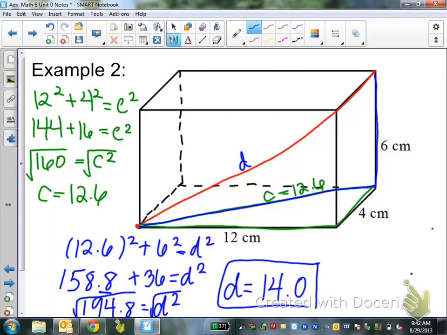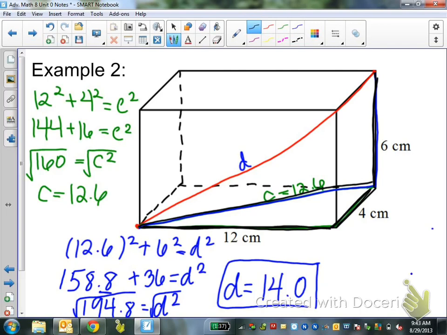And so that means we took 12 squared plus 4 squared, and that gave us this answer, right? But then we took this answer and added what? The 6. So really, what are we doing here? We're taking 12 squared plus 4 squared, which gave us that, right? So 12 squared plus 4 squared was equal to this squared, and then we added 6 squared.